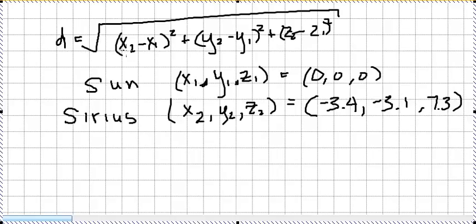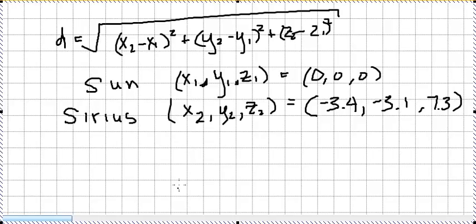So wherever you see an x2, a y2, or a z2, for x2 you plug in negative 3.4, for y2 you plug in negative 3.1, and for z2 you plug in 7.3. Is anyone confused? Are we cool with this so far?